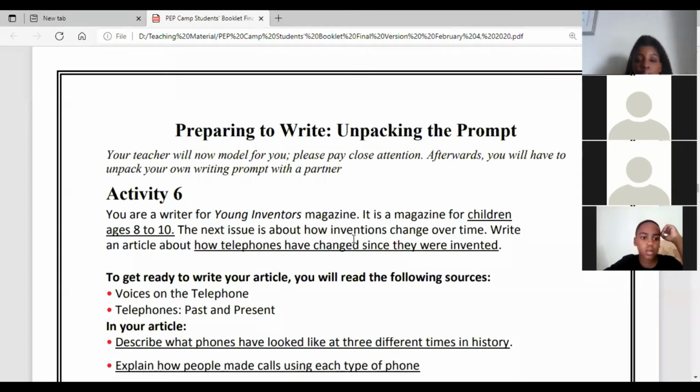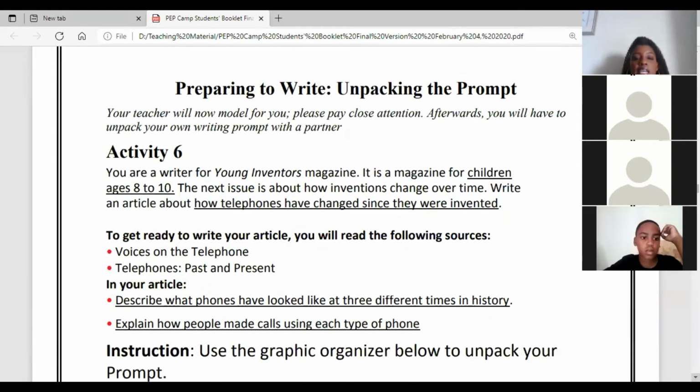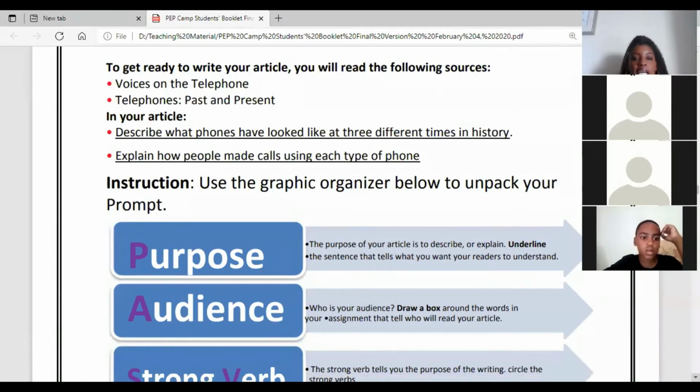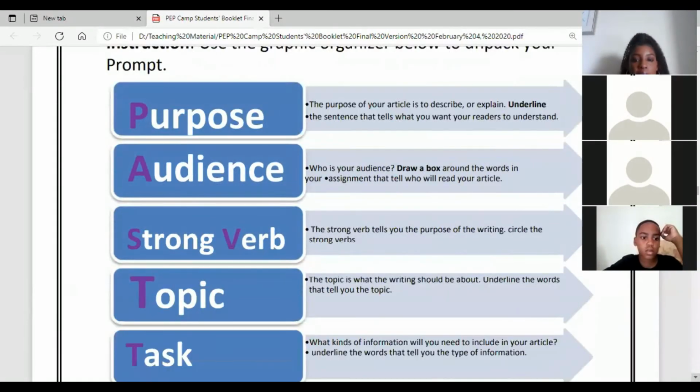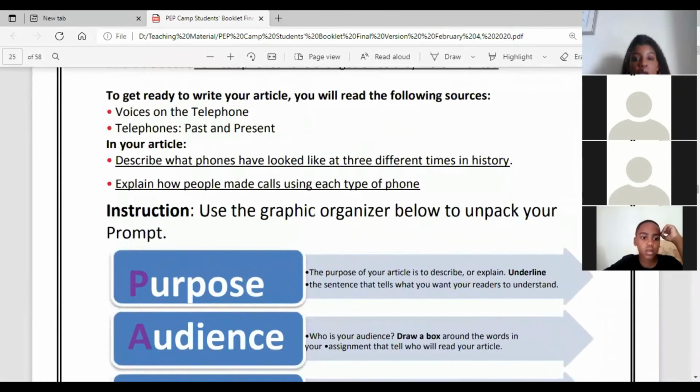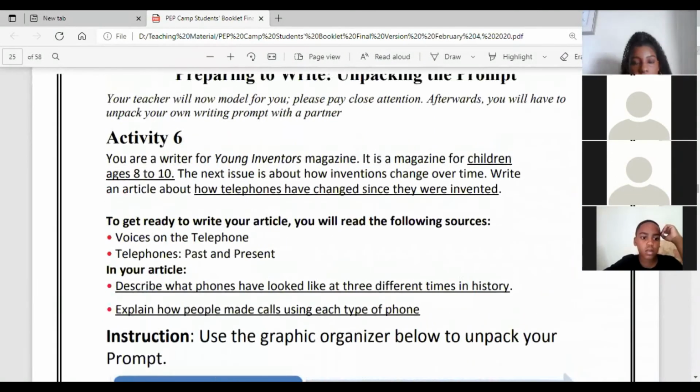It's going to give you the prompt, but you should know automatically, because you're learning to unpack the prompt, that when you see a prompt, what you do is unpack it using the graphic organizer. Or if you're not able to come up with the graphic organizer at that moment in your brain, you can just pull out the important information, write it out, and depict what you think they're asking you to do in this writing, whether it be an article, a letter, whatever you're writing.